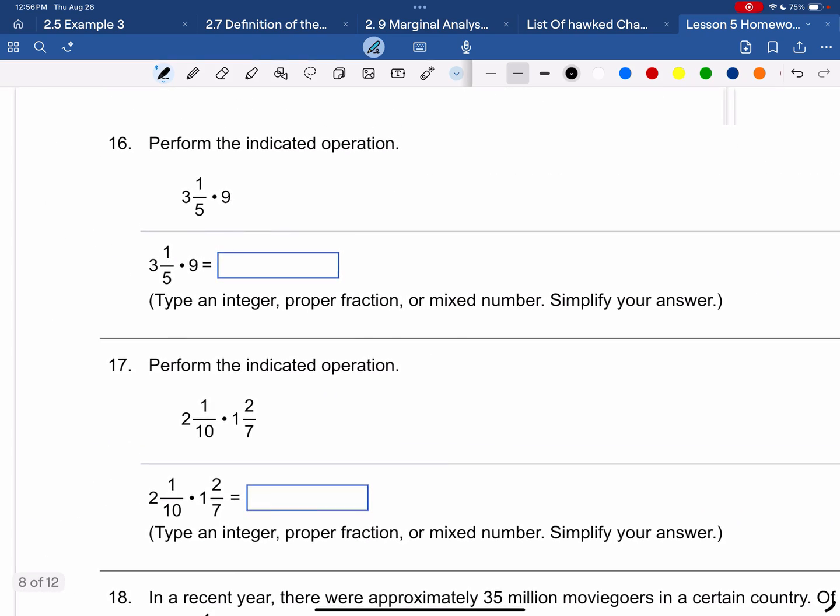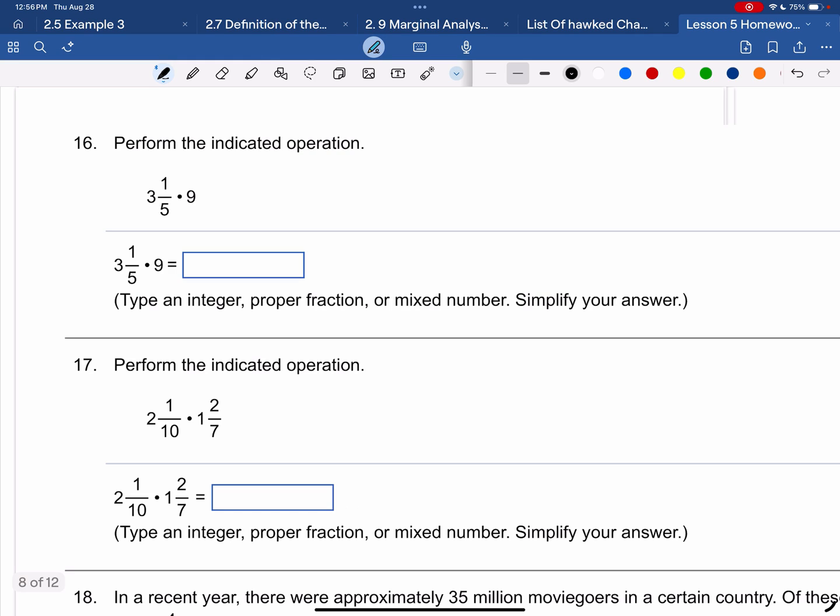3 and 1/5 times 9. So 3 and 1/5. 3 times 5 is 15 plus 1. That's going to be 16 over 5 times 9 over 1. I don't see any common factors, so I'm going to have to multiply 16 times 9. That's 144 over 5.